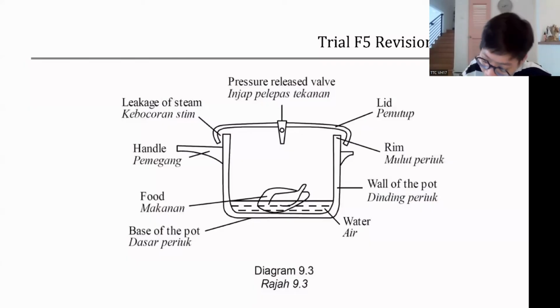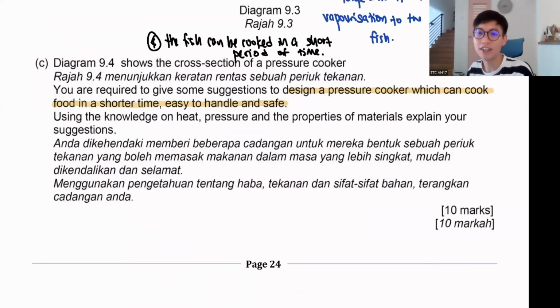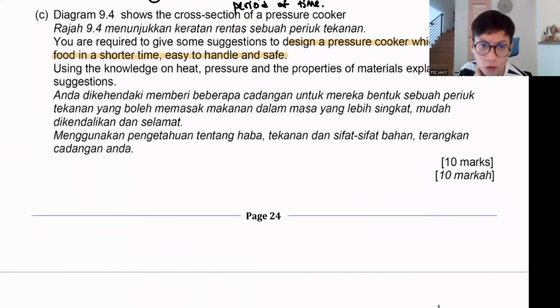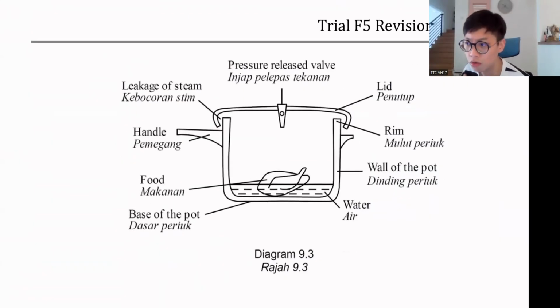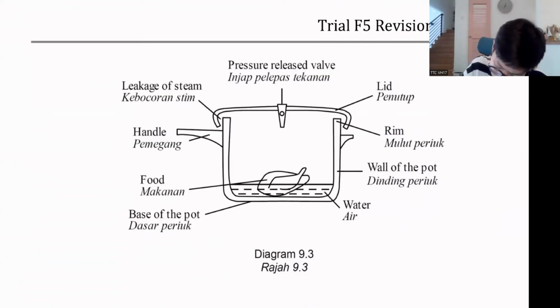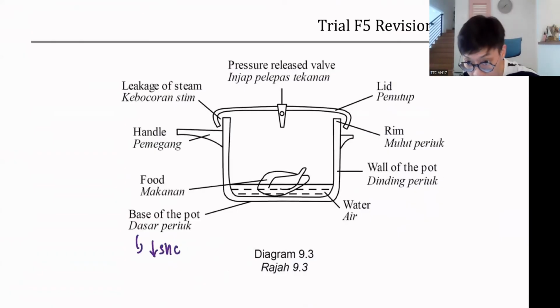Okay, now in this case, let's go back and see this pressure cooker. What can we say to allow it to cook food? You can say the base of the material must have low specific heat capacity.